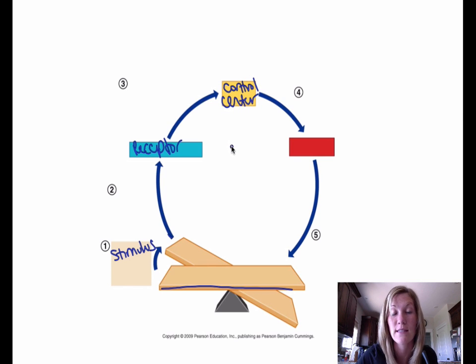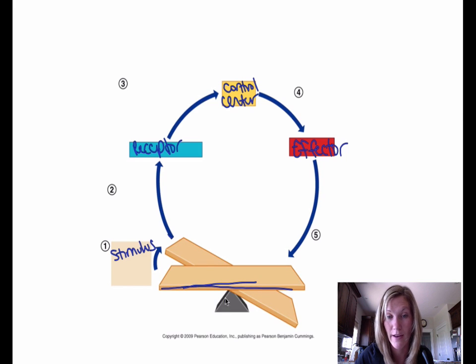The control center is going to determine the appropriate response, and then from there it's going to send the response to an effector. From there the effector is going to make the change, or actually have the response, to hopefully return your body to homeostasis.